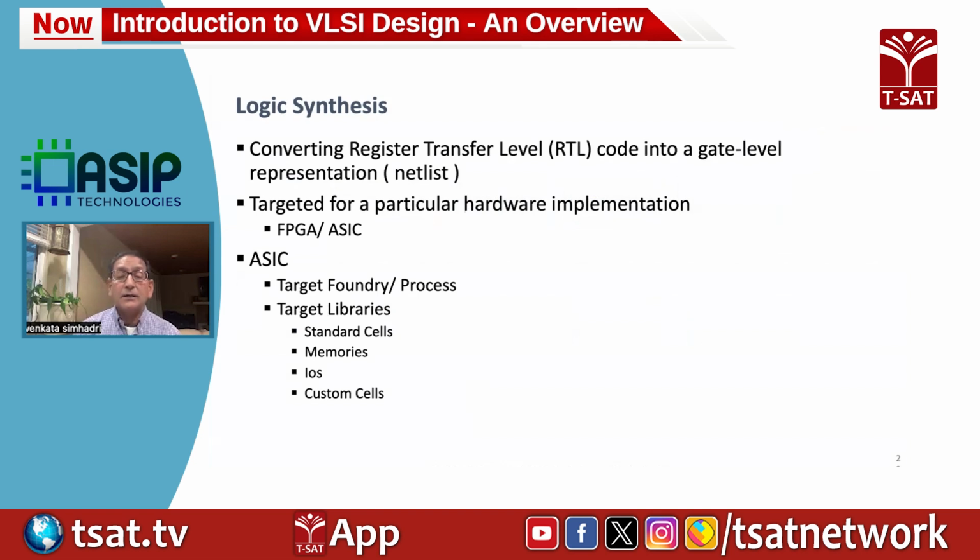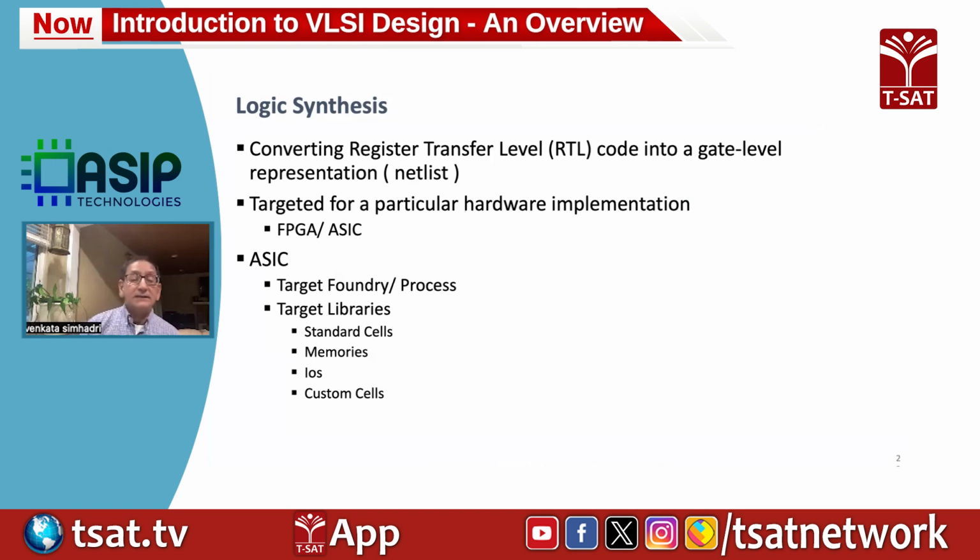So when you're converting the RTL into a gate level netlist, basically it needs to be targeted to the actual hardware implementation. Are you actually building an FPGA, taking this design and implementing it on an FPGA to realize your SoC? Or are you building a custom ASIC to actually fabricate it and supply to your customers?